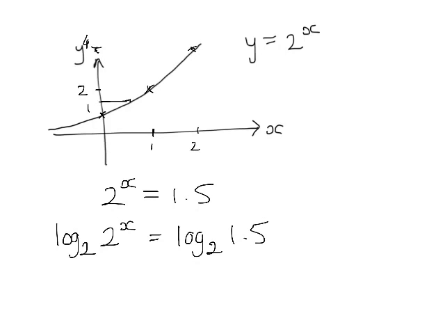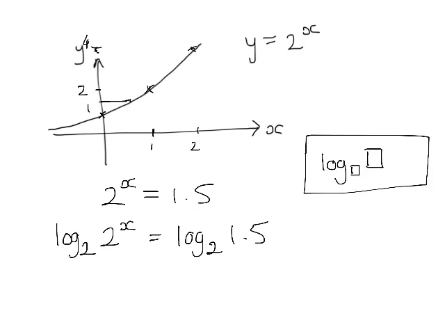Now, to take logarithms, you're going to need to use a button on your calculator that looks like this. And the way that we read this is it's a logarithm. We want the base of the logarithm to be the same as the base of our exponent.